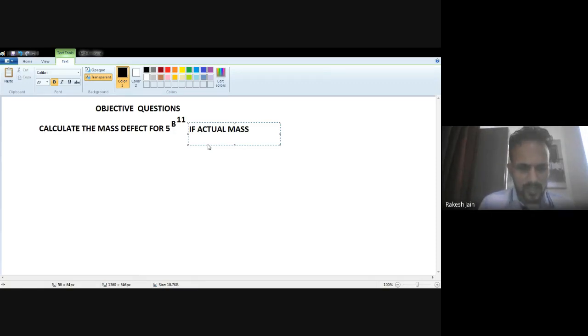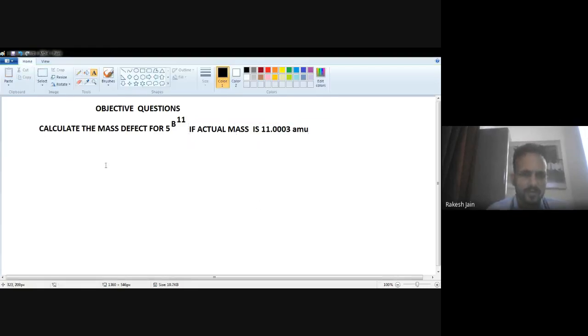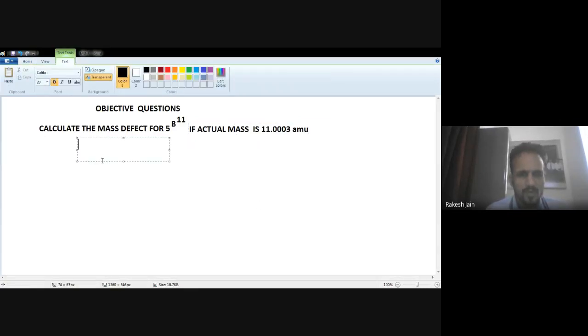So if the actual mass is given, you should calculate the mass defect. So apart from the basic objective of A, B, C, D, can anyone among you solve this question and send me the answer?